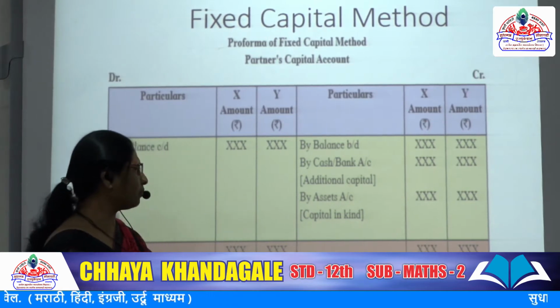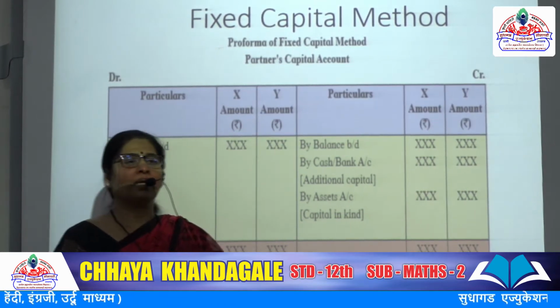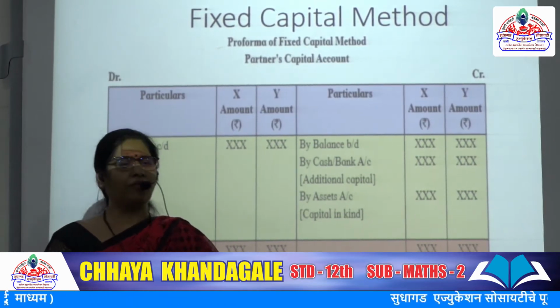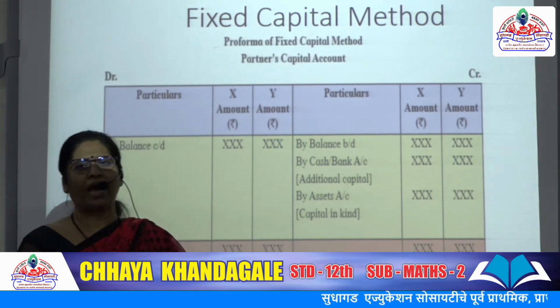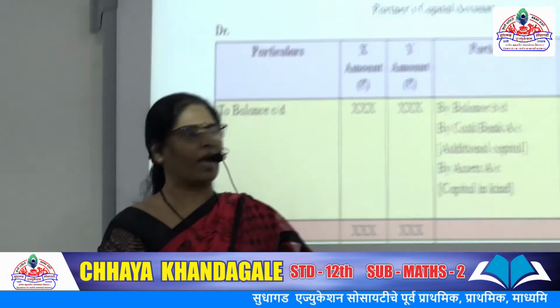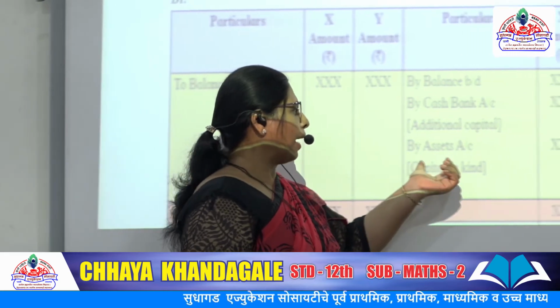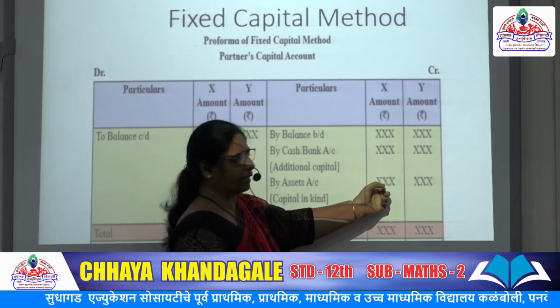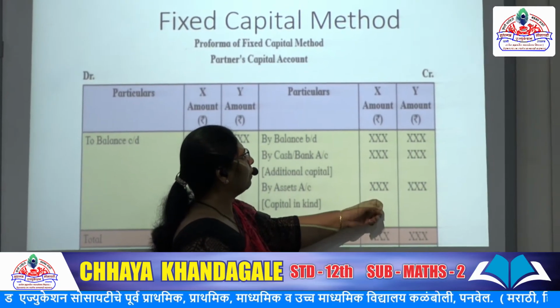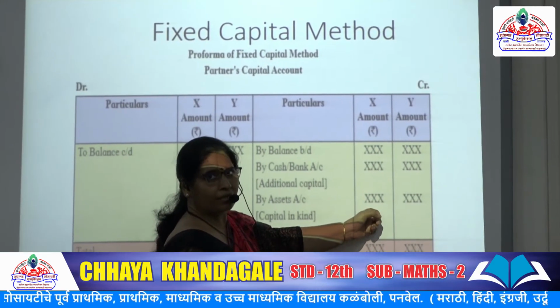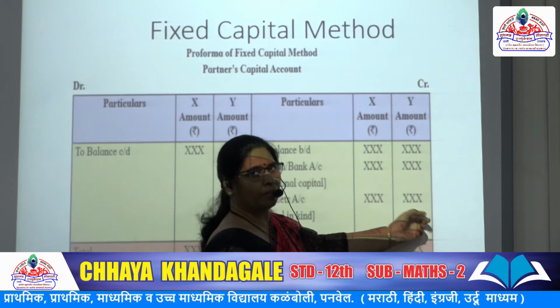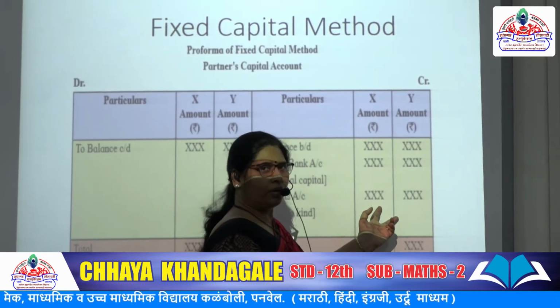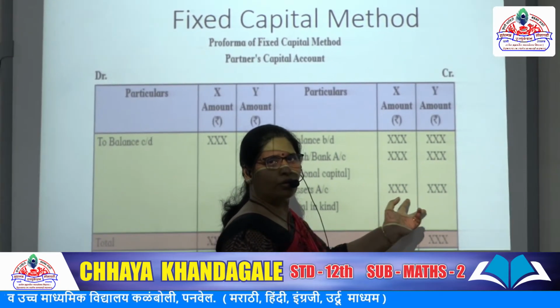Then suppose they have brought in the form of assets. Instead of cash they have brought anything in the form of asset, that will be noted by assets. That is whatever the amount of that asset is. Suppose only X has brought in, so we'll write in the X column only and not in the Y column. If both the partners have brought assets, then we are going to write it.